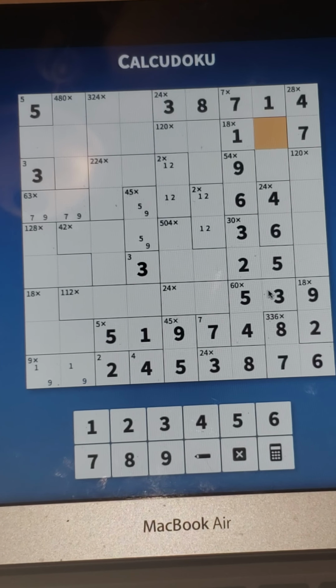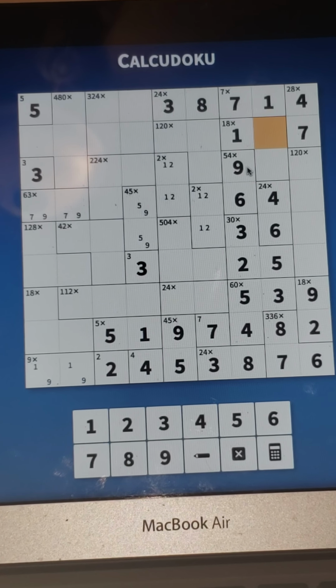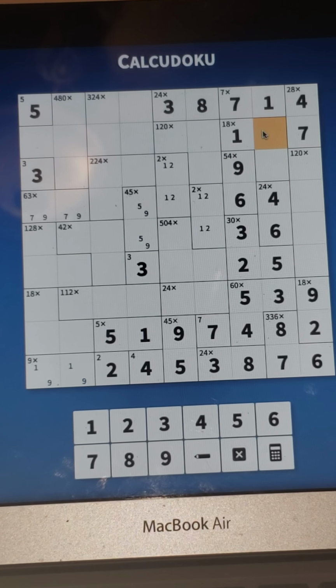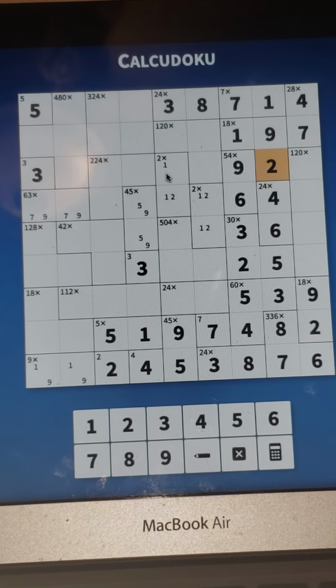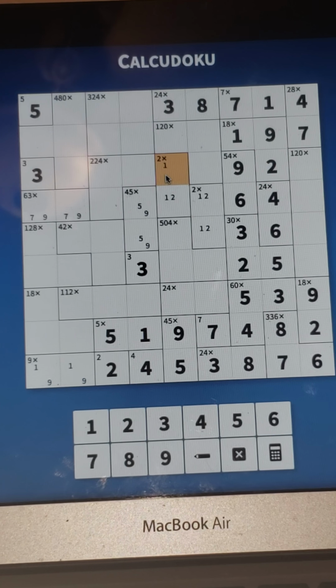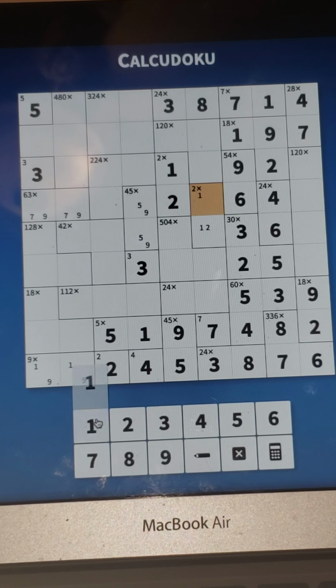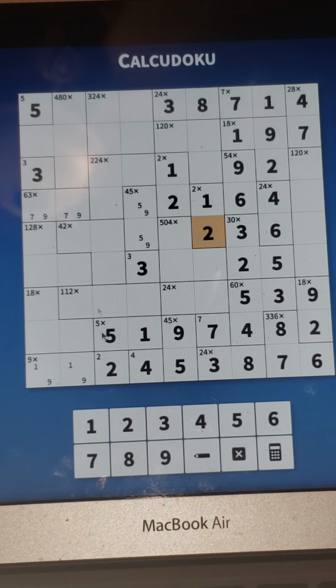Now with these two boxes, it's got to be 2 and 9 in some order. And thanks to this 9, this is going to be a 9 and a 2. And that eliminates the 2 note in the middle row. So we've got 1, 2, 1, 2.